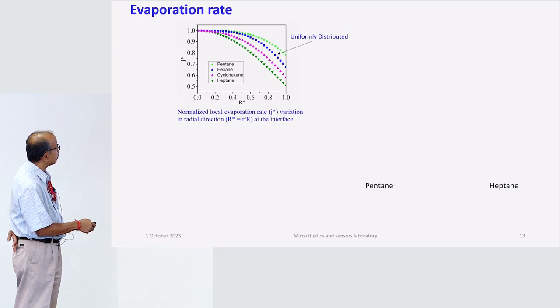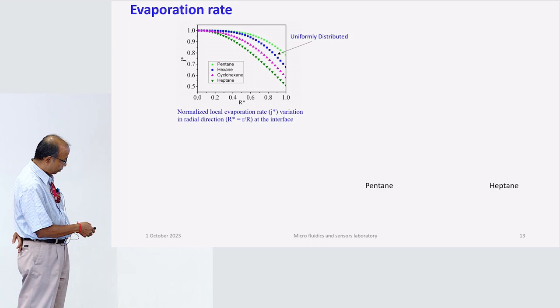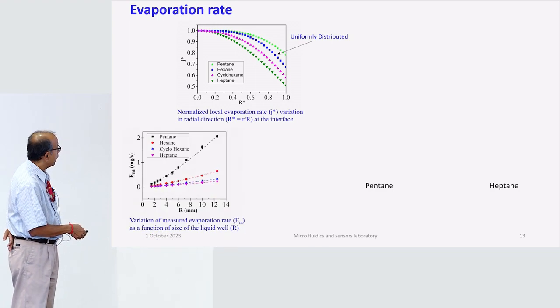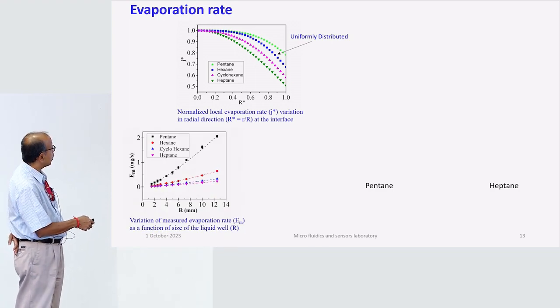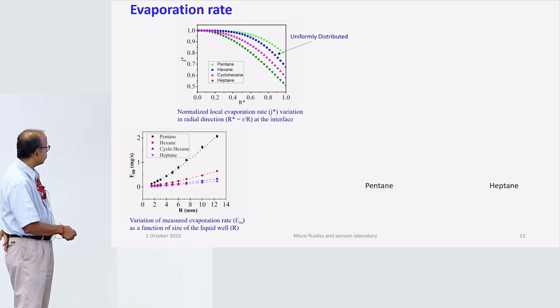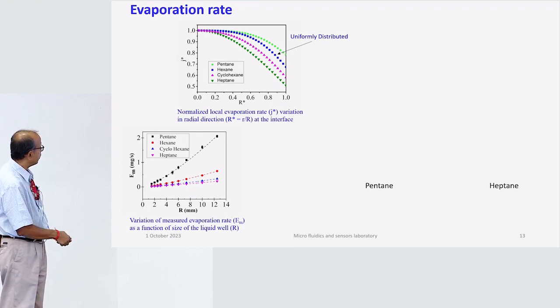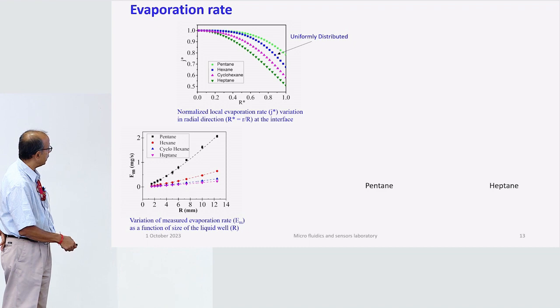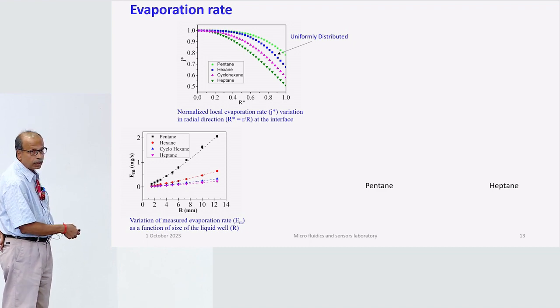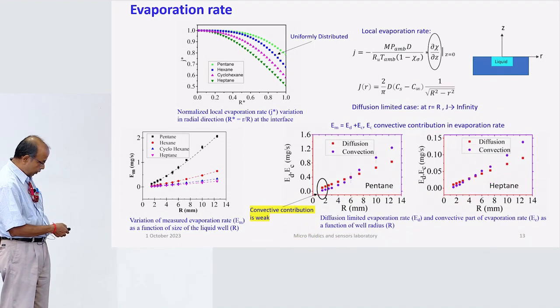It depends on your fluid, and pentane has the highest evaporation flux. Once you get the local one, we integrate it, and this gives you the total evaporation rate with respect to the size of the cavity. For pentane, you can see the evaporation is increasing with the size of the cavity, and the same for all of them. That's also explained by the cavity size now.